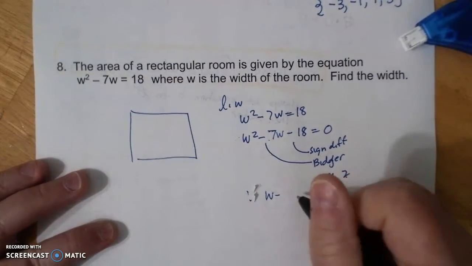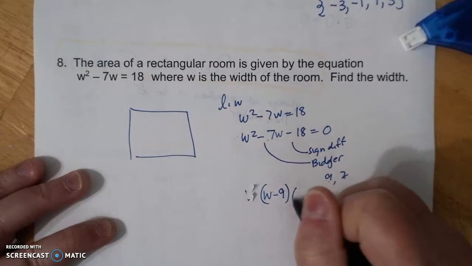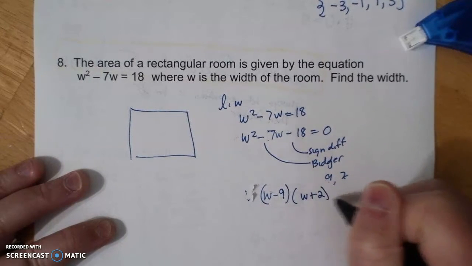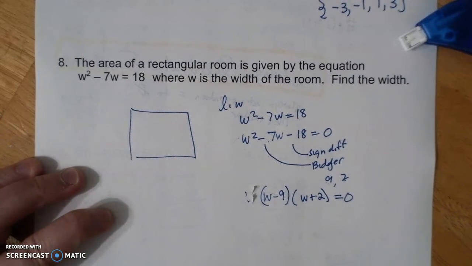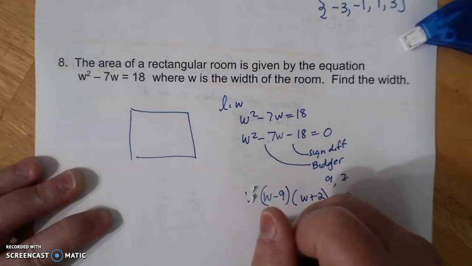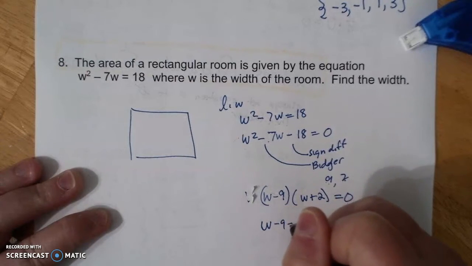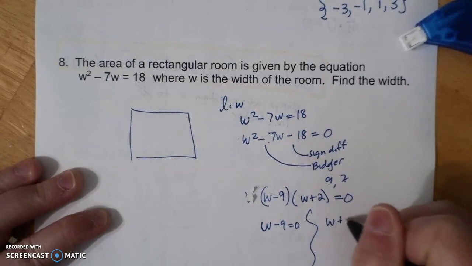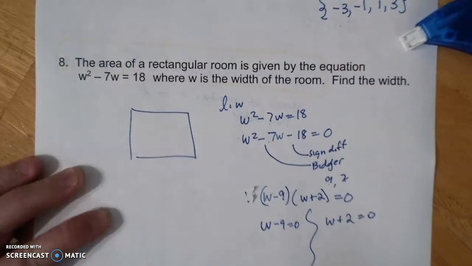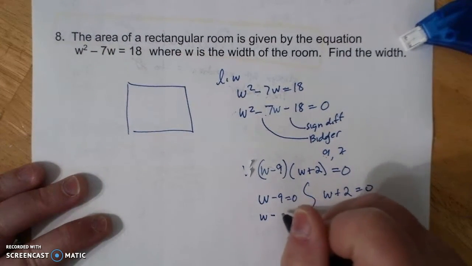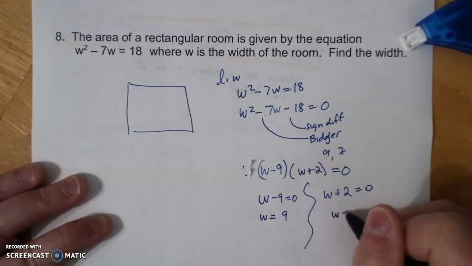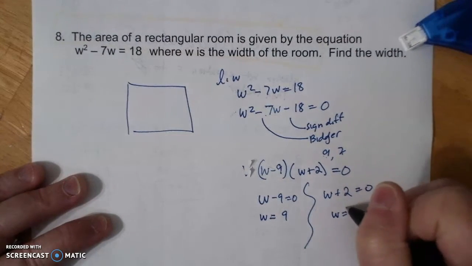W minus 9 and w plus 2 equals 0. And so I have w minus 9 equals 0 or w plus 2 equals 0. And I have w equals 9 or w equals negative 2.